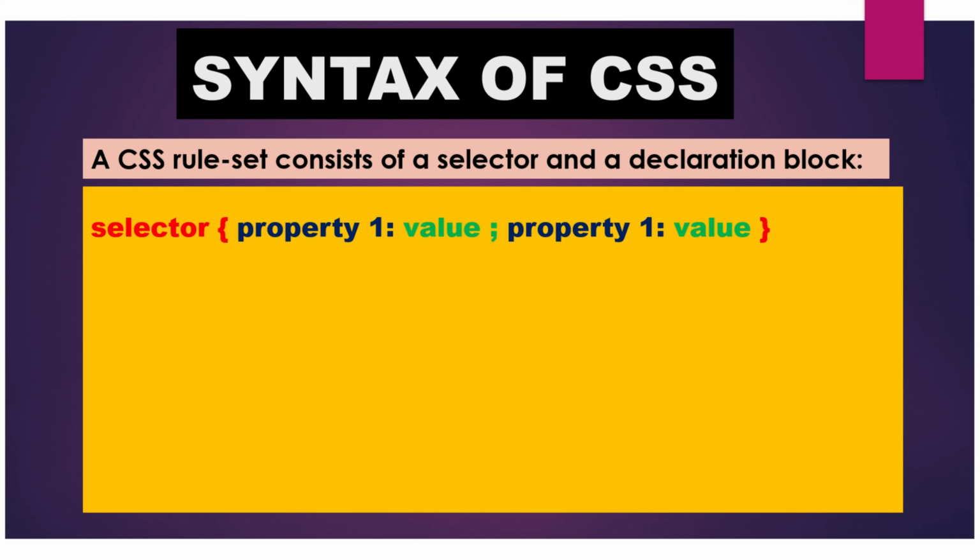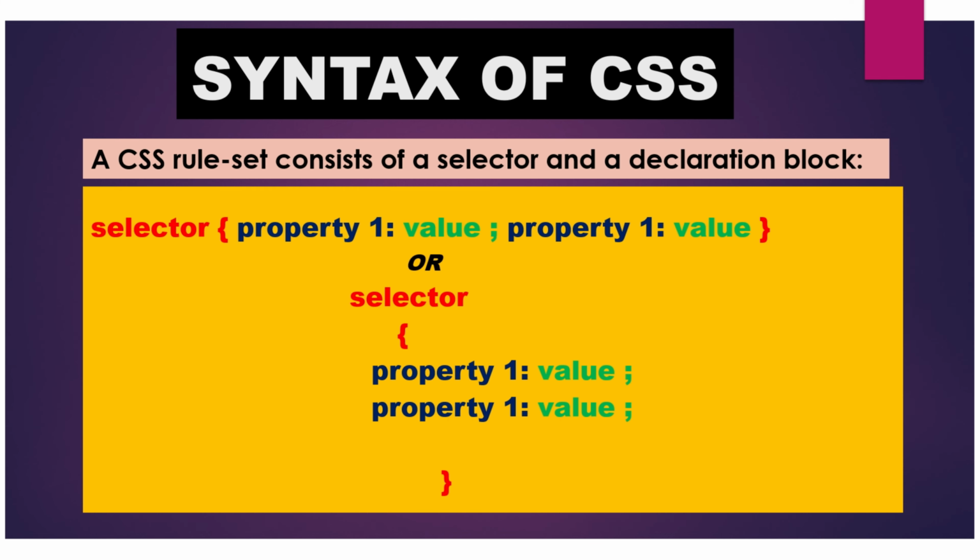Let me show you how you can do it vertically. You can also select your selector, then open curly brace, then close curly braces, then inside of these curly braces you now have to implement property 1 with value 1, also property 2 with value 2.